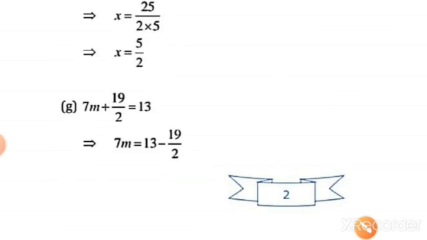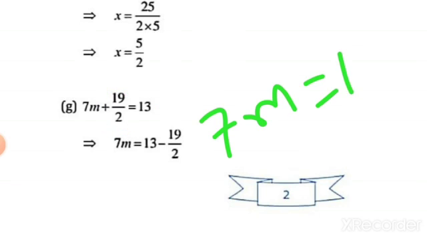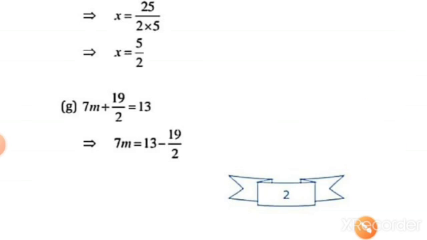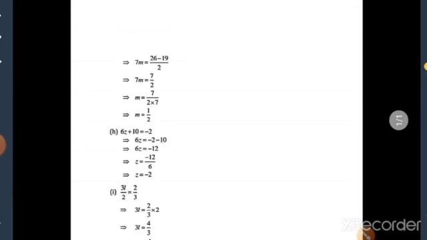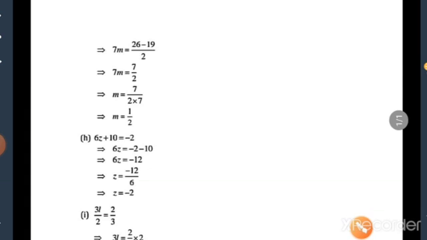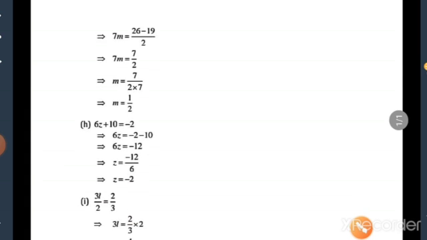Okay, after that 7m plus 19 by 2 is equal to 13. Then transpose 19 by 2 to the right hand side, so 7m is equal to 13 minus 19 by 2. Then 7m is equal to 26 minus 19 by 2.